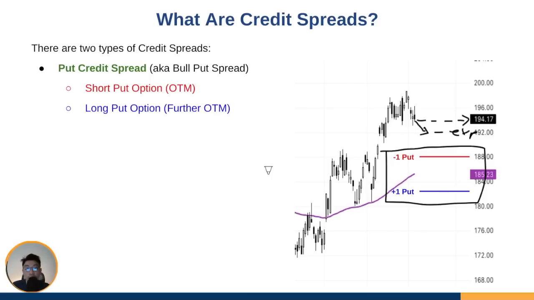Well, the answer is that you actually made money on this trade, because although it has gone down, it did not go below this short put strike. Anything above your short put strike at expiration is a profit. So what you notice here, which is very different from outright trading, is that if the market goes down, you could actually still be in profit. That is why there is a higher probability of profit.